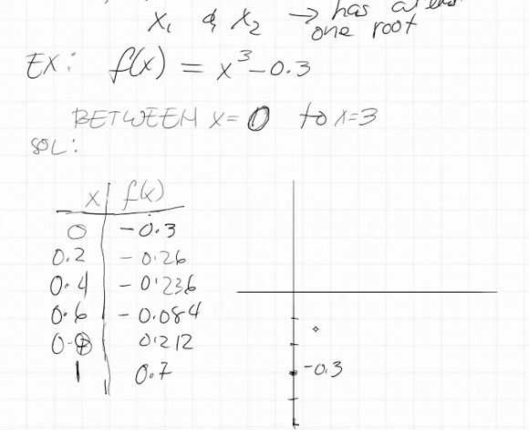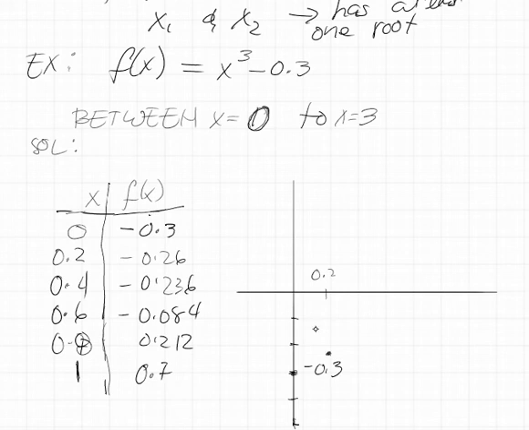Then when x equals 0.2, if this is 0.2 here, then the value is negative 0.26, so somewhere here. Let's just approximate this one.